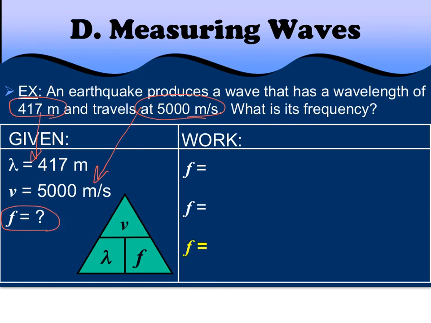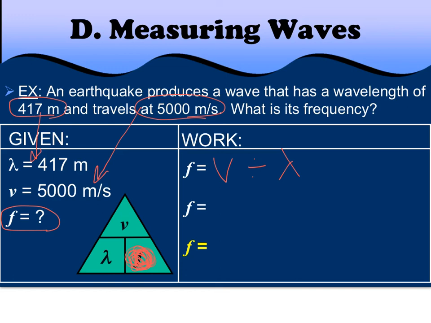Here's what we're looking for. We're looking for the frequency. So what do we do? We cover up frequency on our triangle of physics, and we know that we're going to take velocity divided by the wavelength.